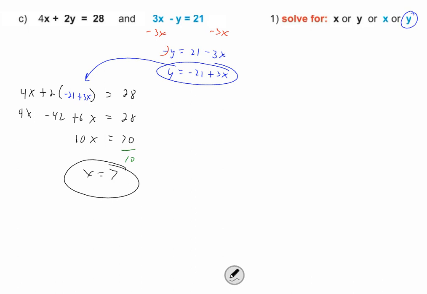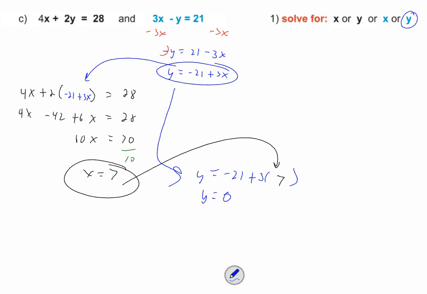Okay, so if you go ahead and take that 7, you're going to sub that into the circled equation where the x is. Negative 21 and a positive 21 is 0, and 0 is fine.